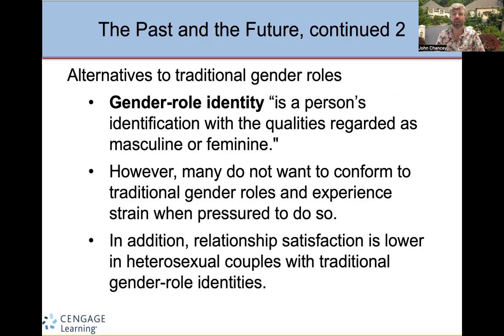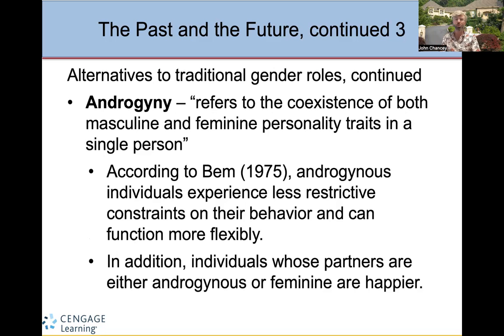Typically, if couples are adhering to those traditional gender role identities, especially in heterosexual couples, we tend to see lower satisfaction in their relationship. So we're starting to see more of a push towards androgyny, the coexistence of both masculine and feminine personality traits within a single person. Androgynous individuals tend to be less restrictive in terms of their behavior.